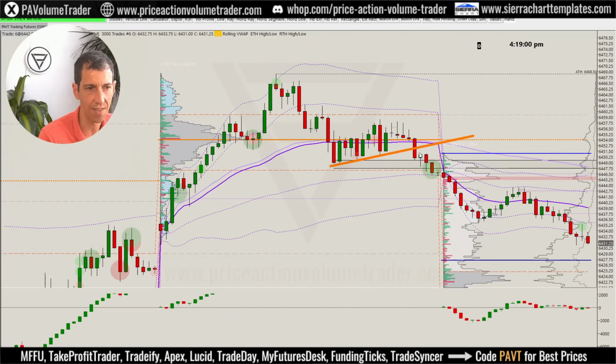You can see we had this trend line as well that was holding price, and we have a nice high volume node here from the overnight extended hours, and you can see some big selling delta as well at the bottom of this candle.